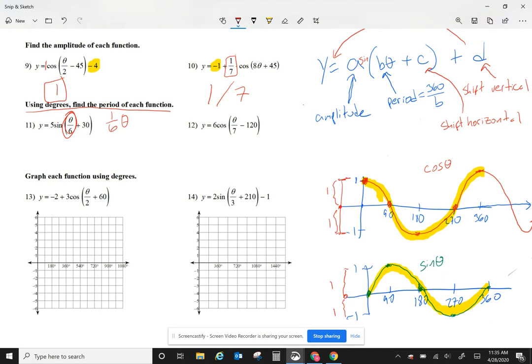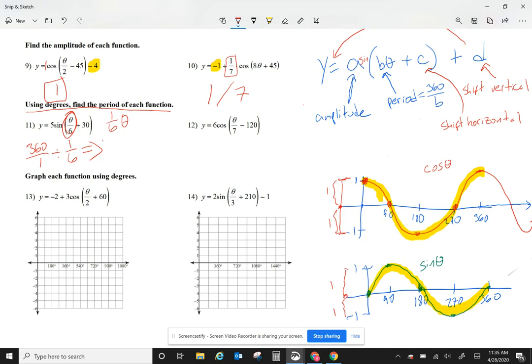Remember I said the period is 360 divided by B. So let me write 360 as a fraction divided by 1/6. Now, when we divide fractions, don't we just multiply by the reciprocal of the second fraction?